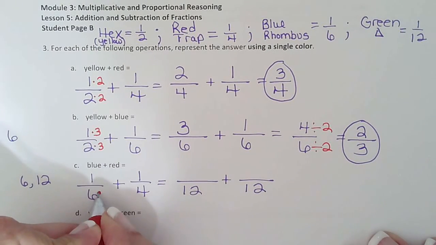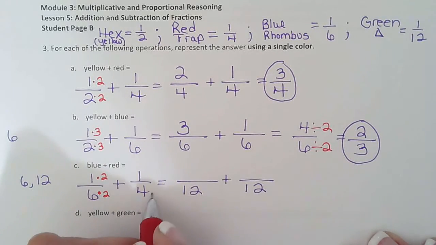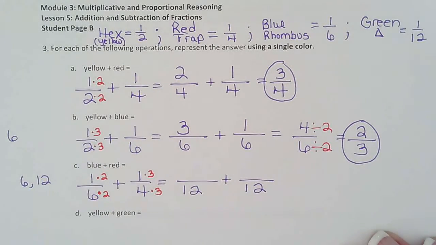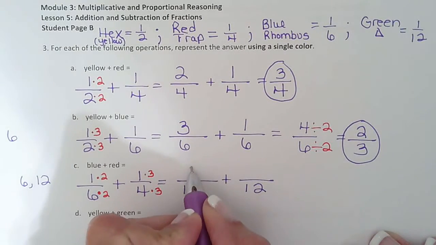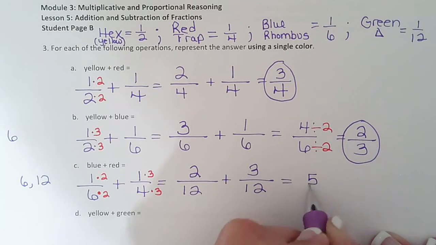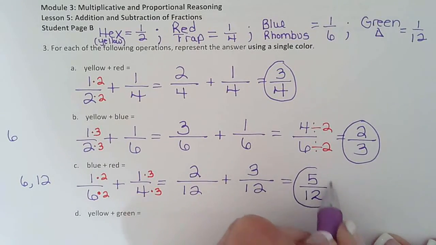So 6 to turn into 12 needs to be multiplied by 2. 4 to turn into 12 needs to be multiplied by 3. And both their numerators, remember, get the same number because this has to be 1. So 2 twelfths plus 3 twelfths is 5 twelfths. Does that simplify? Do they have anything in common besides 1? Nope, they don't. 5's prime.